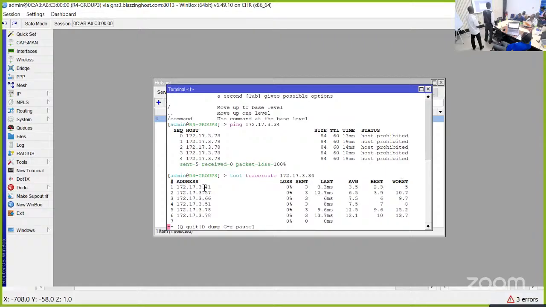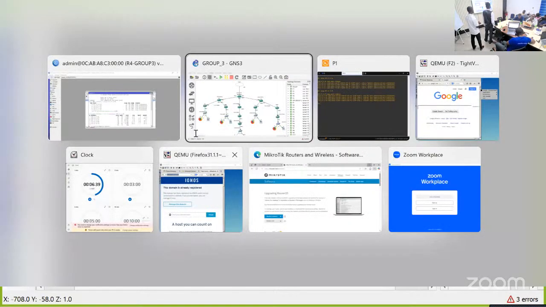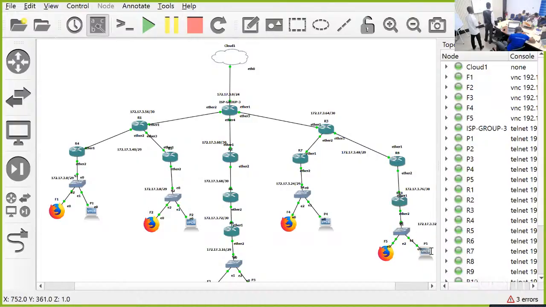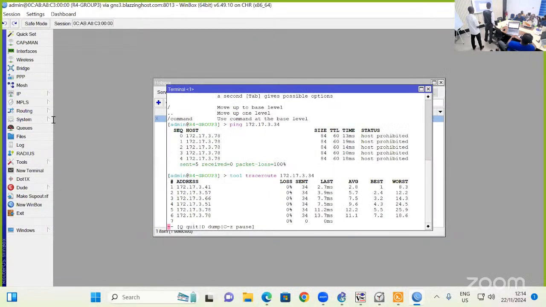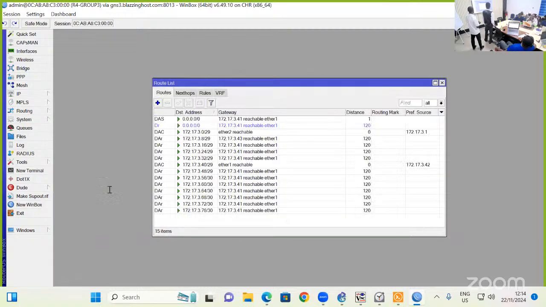Okay, so it's going to go to 3.41, then 3.57, then 3.66, then 3.54, then 3.78. It's also at 3.78. All right. So it's this router that is preventing it from reaching this, right? Because of the hotspot on it too, right? All right. Let me look at your routing table and see your routes also. IP route. Okay, I can see the dynamic route, right? Everything works. All right.